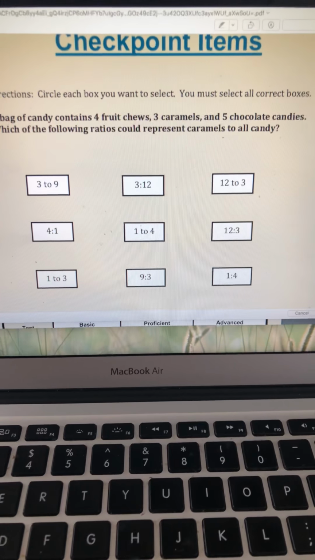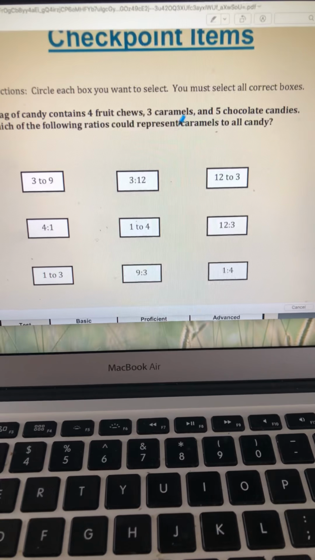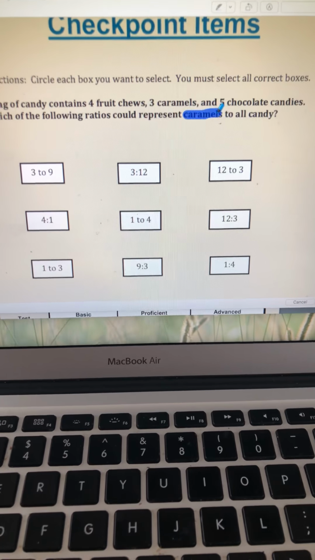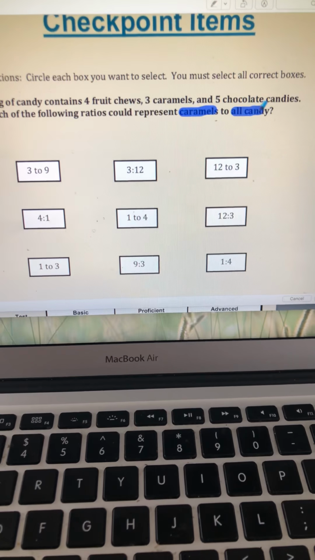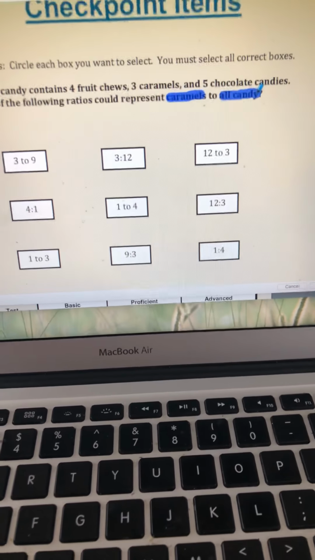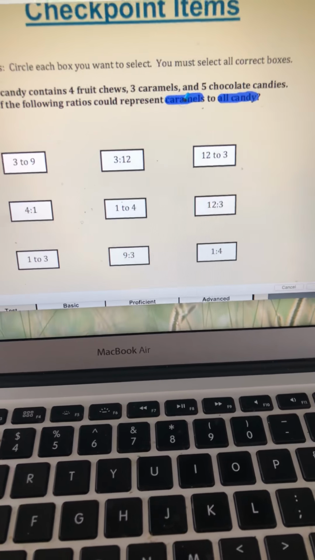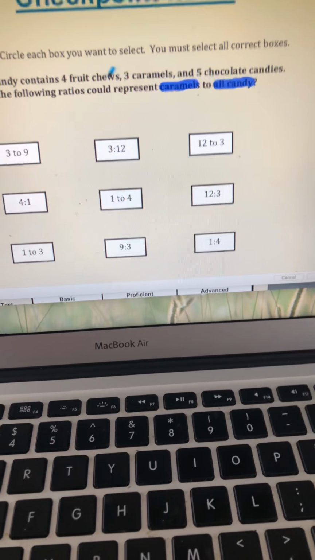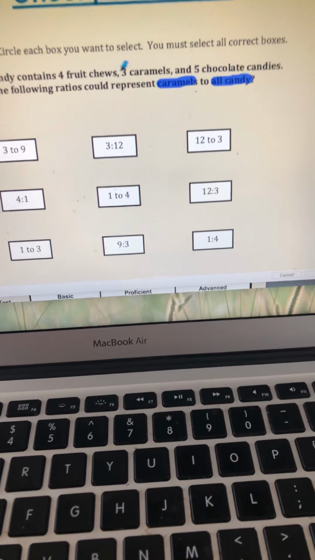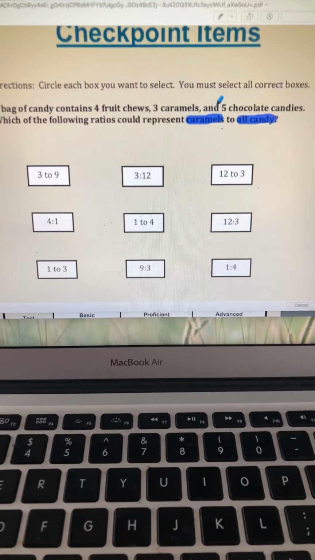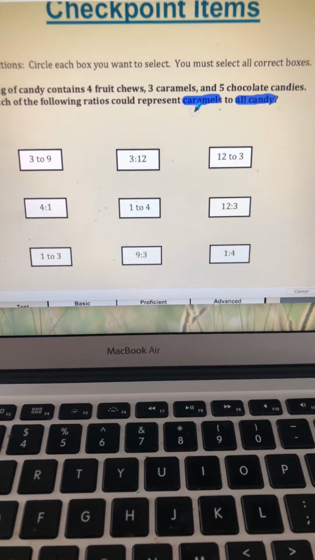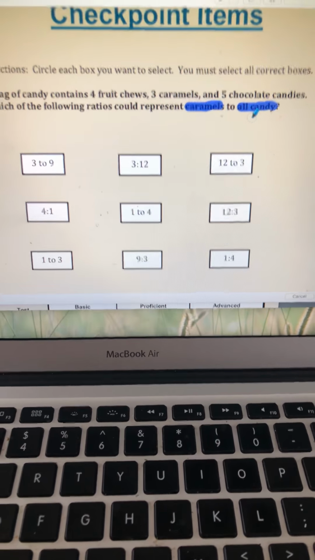And the biggest thing while we're doing it, it's very important that we highlight so that we know what we're dealing with. So we have caramels, which is 3, and all of the candy would be 4 plus 3 plus 5, which is 12. So here we know that we're going 3 caramels to 12.